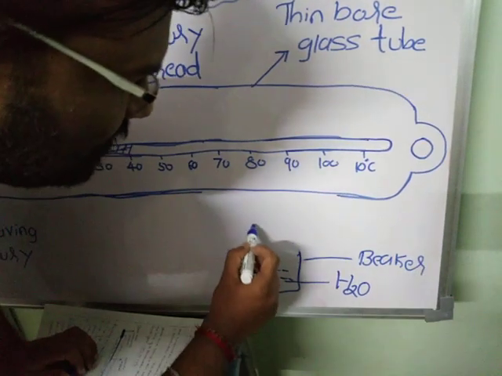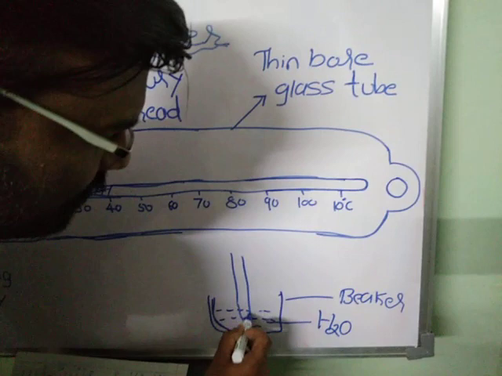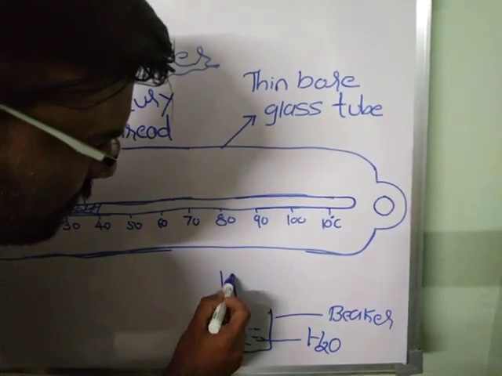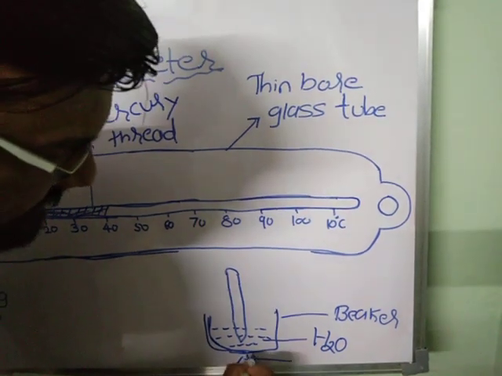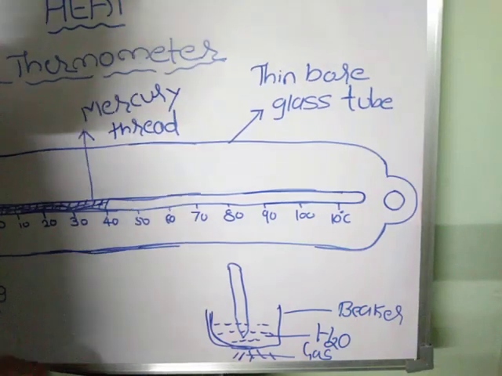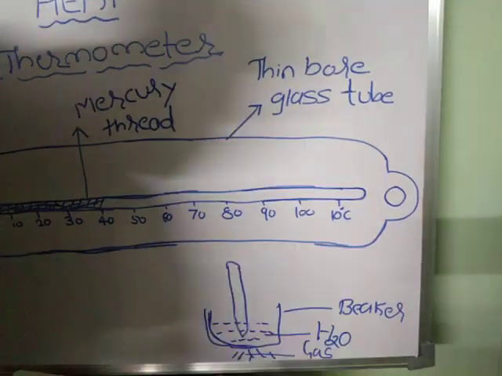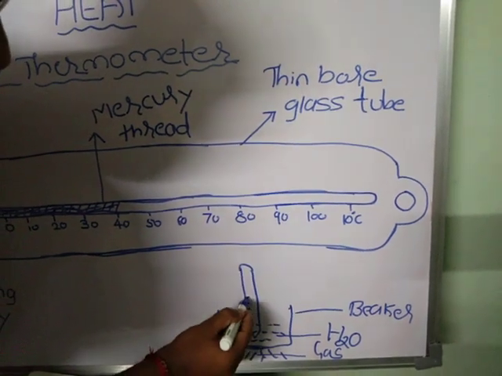Here I immerse the laboratory thermometer. Imagine this is a laboratory thermometer, and here we have a gas burner in the laboratory. I don't have space, kindly excuse me, so I am trying to explain here only. Imagine the readings, different numbers we have.